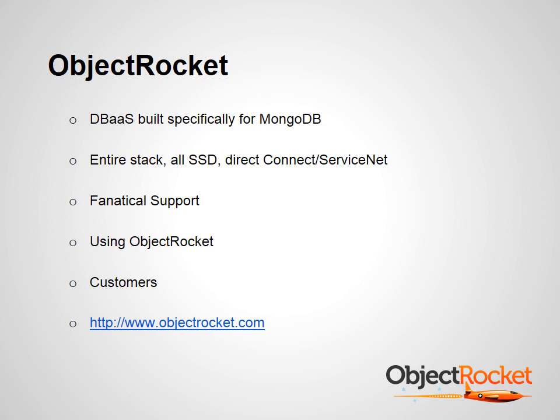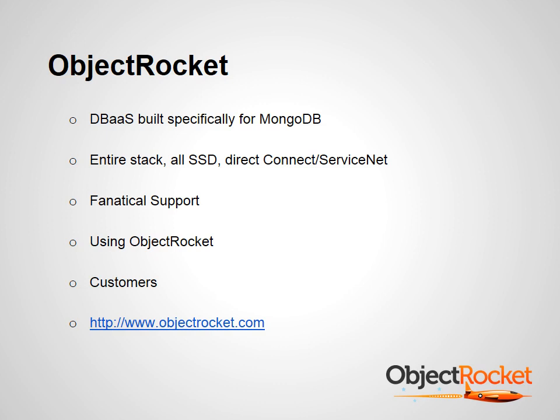Let's see, I mentioned customers. So what does ObjectRocket look like to the customer? When you use ObjectRocket, what does it kind of feel and look like? So we have a cloud control panel. I'll show you a little bit about that. When you create an instance, you simply, like I said, get an IP and a port. And that's just your Mongo in the cloud.